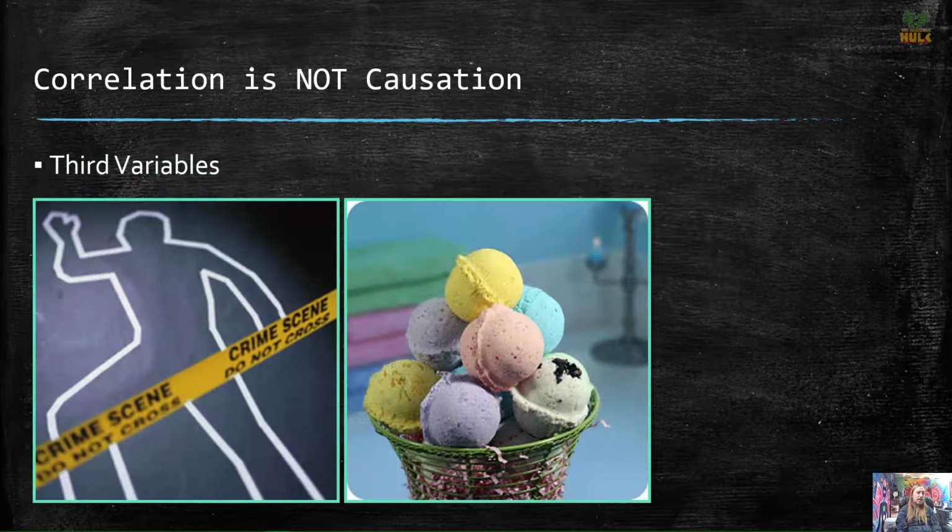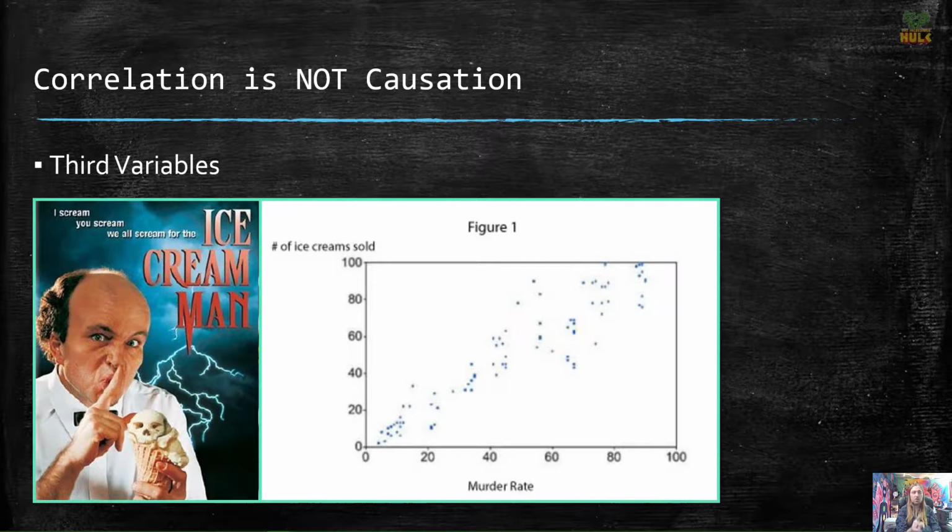That being said, this one may give me a second of pause here. It turns out that murder rates, especially in New York City, but a couple other places as well, are positively correlated with ice cream sales. I'm not kidding. I don't know if it's this guy's fault or what's going on here, but as ice cream is sold more, murder increases.